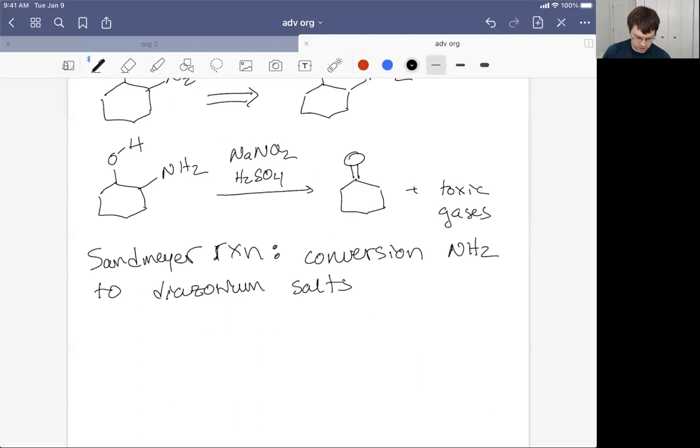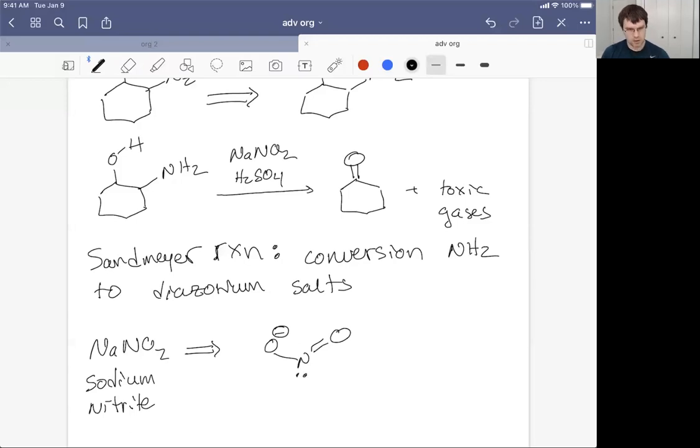To do this, we're actually going to start with NaNO2, which I said was sodium nitrite. And I'm going to actually draw this out. So sodium's a counter ion to this negatively charged structure.